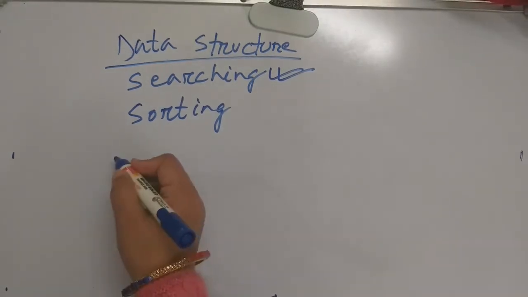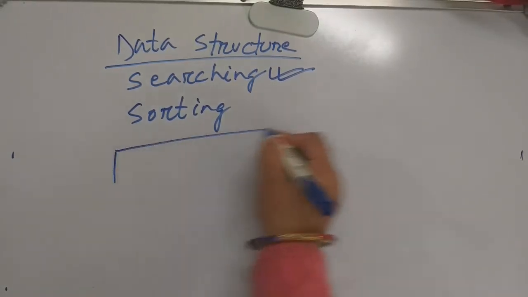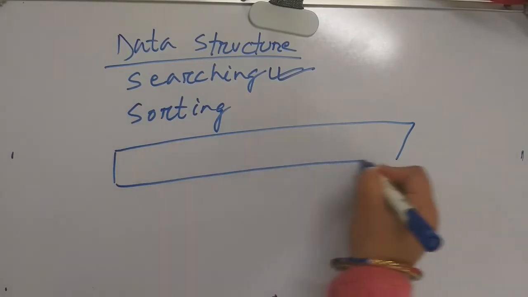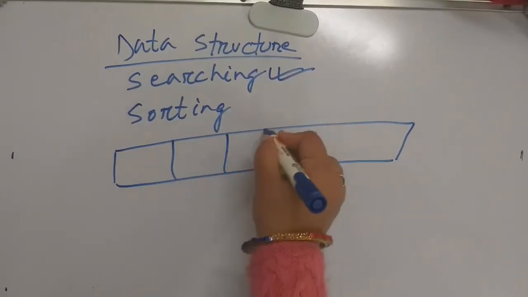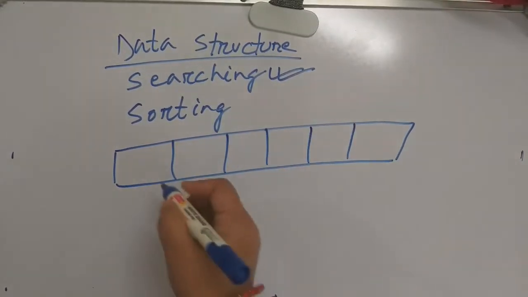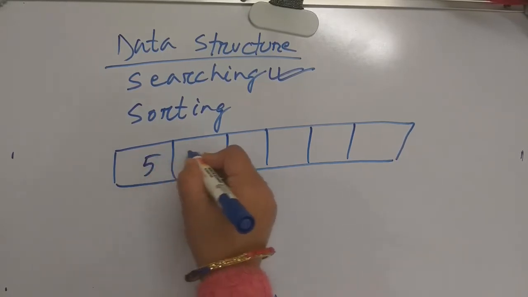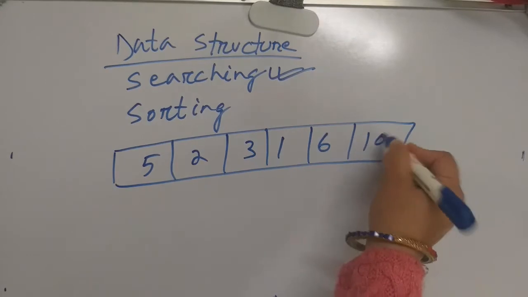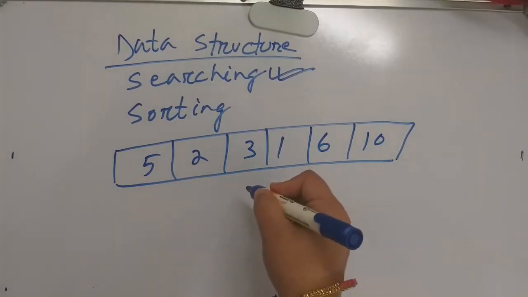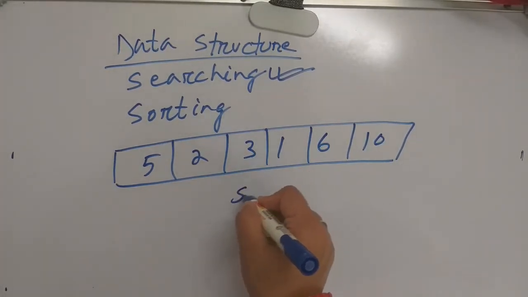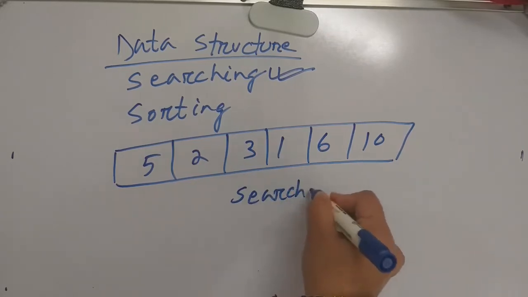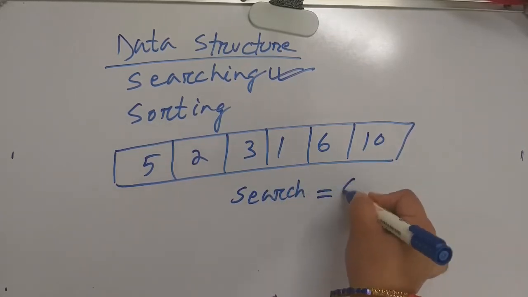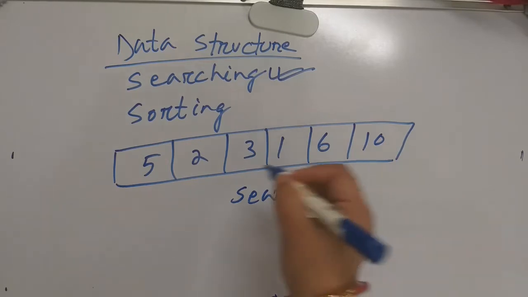Searching means if one list is given, we find out one element within it. Suppose the given list is 5, 2, 3, 1, 6, 10, and we search for one item, 6.